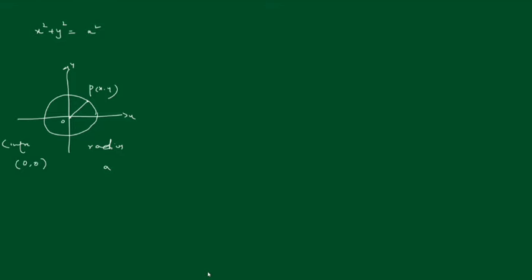Next, one more graph we have, for the equation x minus h whole square plus y minus k whole square equals r square. It is the central form, we can say. Here also we have a circle. The center point is C, h comma k, the radius is r, and P is the point x comma y, right?